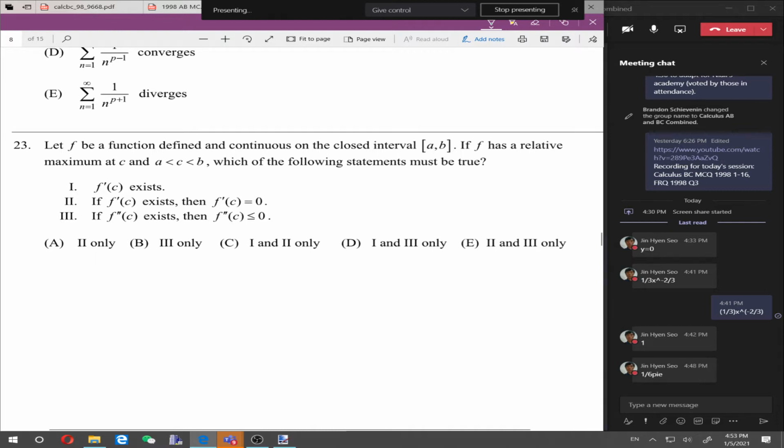So we know our function is defined, we know it's continuous, and we know it has a relative maximum. That's all we know, though. So can you give me a counterexample for a function that would be defined and continuous on an interval, where the derivative would not exist?